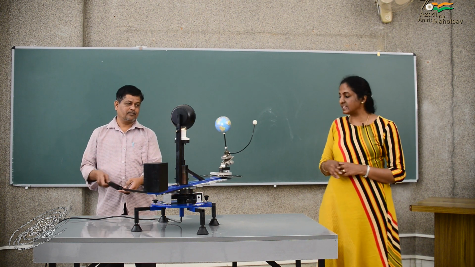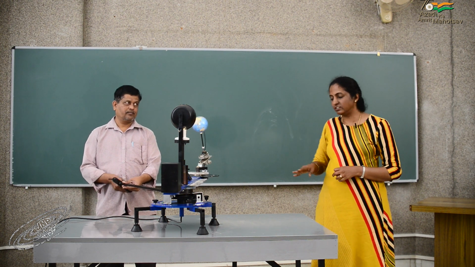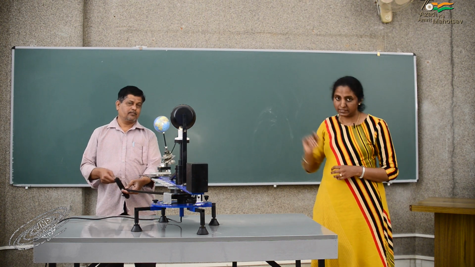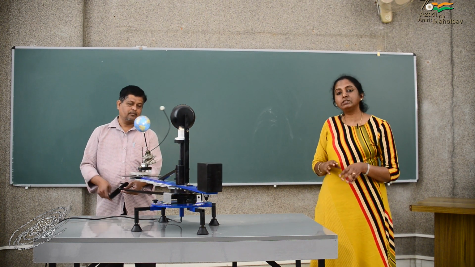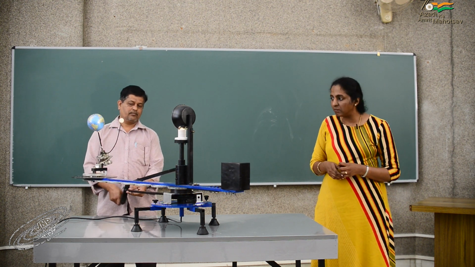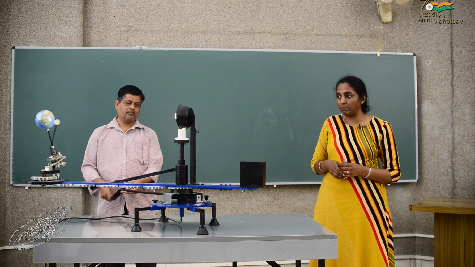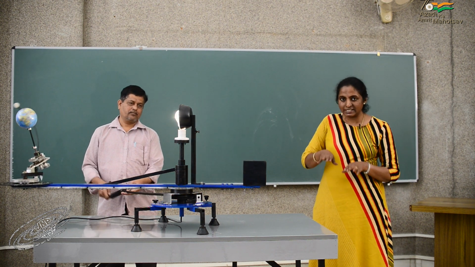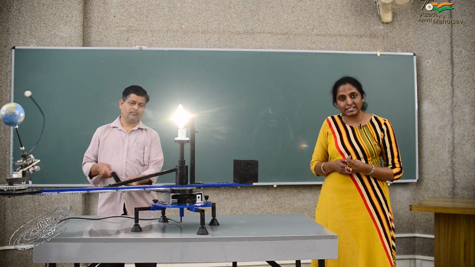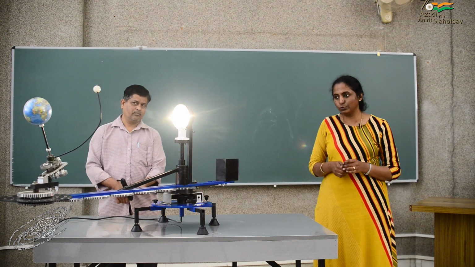And as you can see, the plane in which the earth is going around the sun and the plane in which the moon is going around the earth are not the same. In fact, the moon's orbital plane makes an angle of 5 degrees with respect to the earth's orbital plane. It is because of this tilt in the moon's orbit that we will not be able to see eclipses in all full moons and in all new moons.